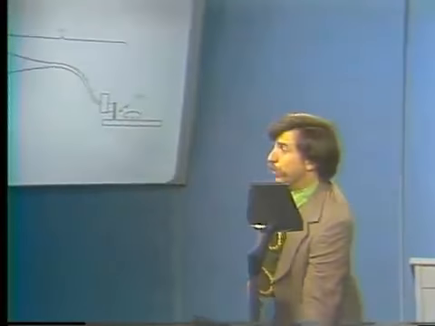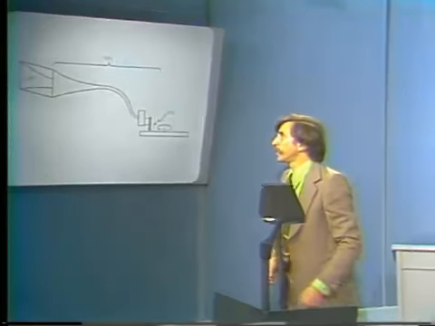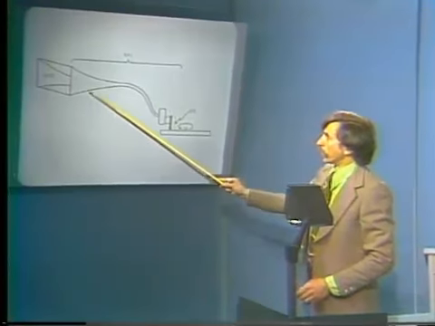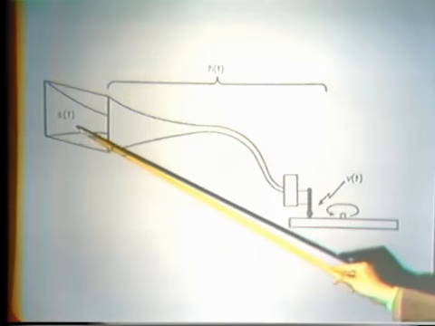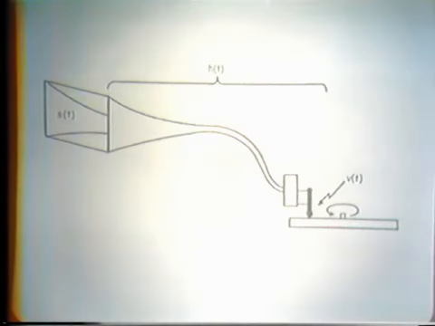The problem in that case is that the recordings originally made in the days of Caruso involved a recording horn, as I've illustrated here, the singer of course singing into the recording horn, and the output of the horn being stored on a recording disc.